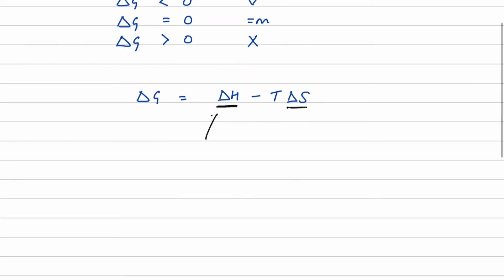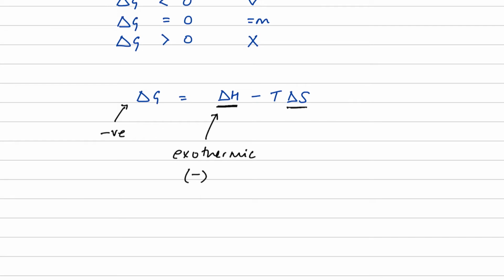So where we have an exothermic reaction, we know that delta H is going to be a negative value. So an exothermic reaction favours a spontaneous or feasible reaction, because for a spontaneous or feasible reaction, we also require delta G to be negative at the end of the calculation.